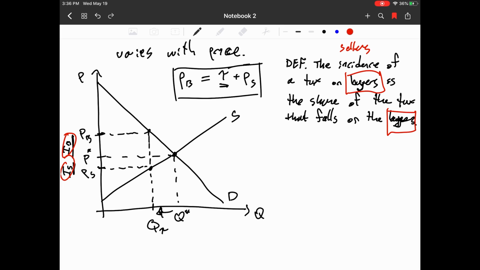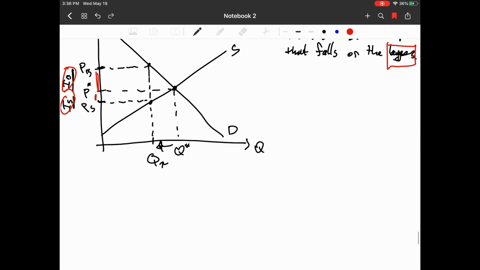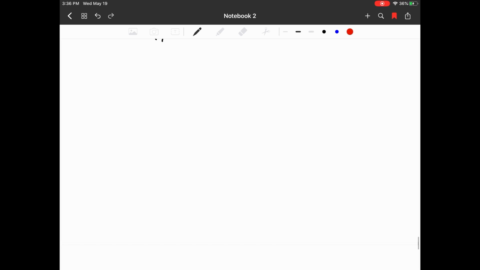And it's just the difference between what you were paying before the tax and what you're paying now. Okay. So if you'd like a more formal proof that the incidence doesn't depend on who's paying the tax, we can walk through that at a different time. But for now, I'm going to take it as given that you all have seen that before. Okay, so we're going to walk through our equilibrium.